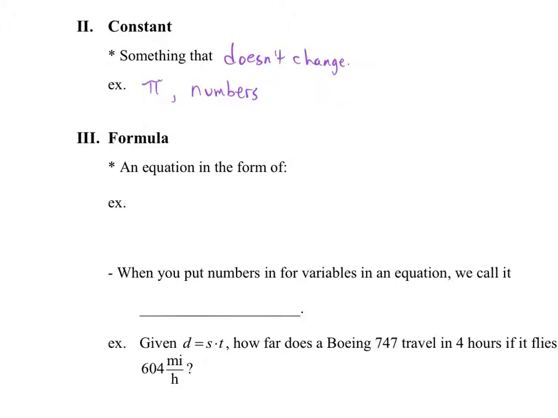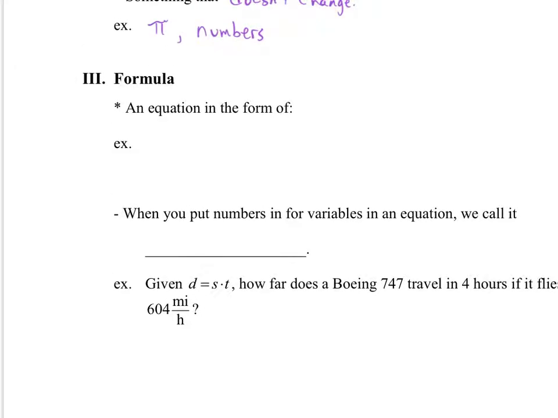Roman numeral 3, formula. So formula, we said it's an equation. For something to be an equation, it has to have an equals and something on both sides of the equals. Fair enough? So a formula, if it's an equation, it also has to have an equal sign in it, and there has to be something before the equals and something after the equals.